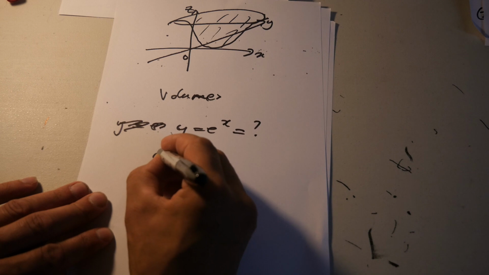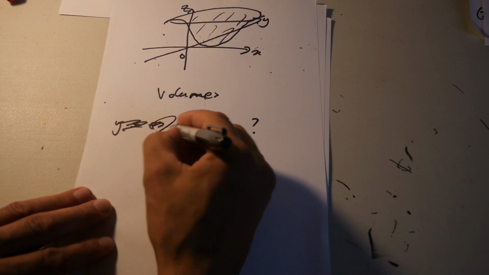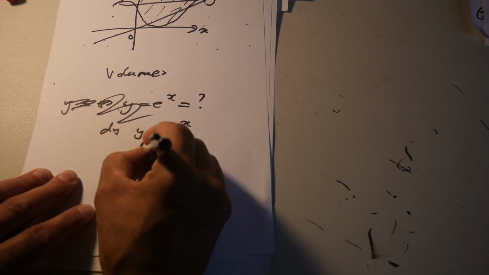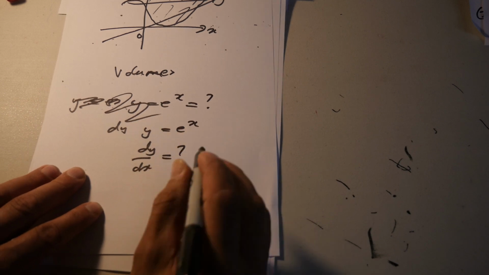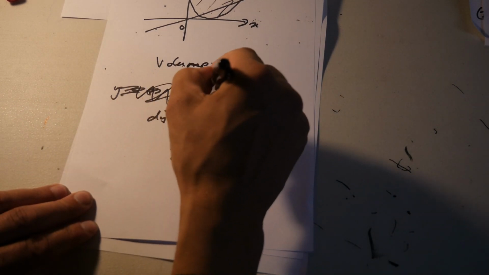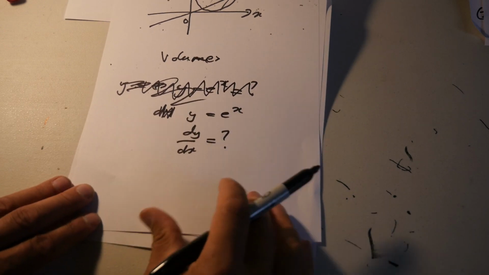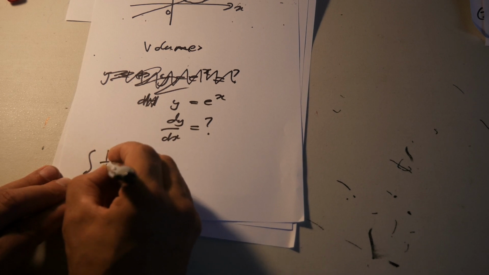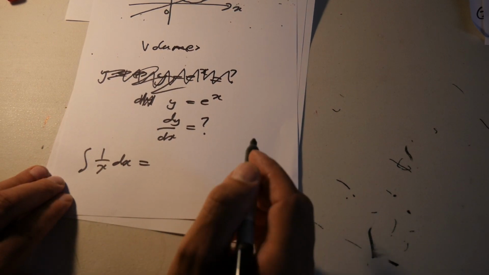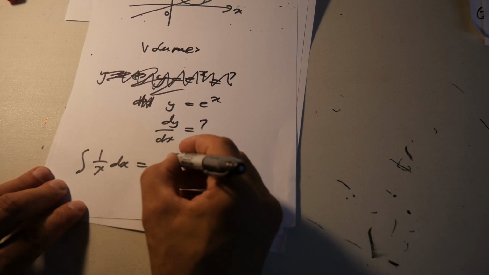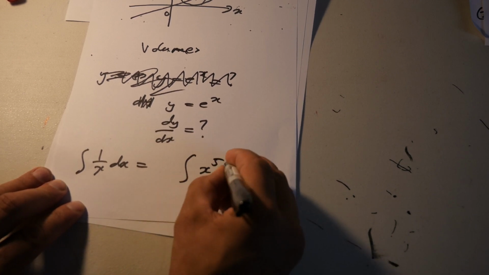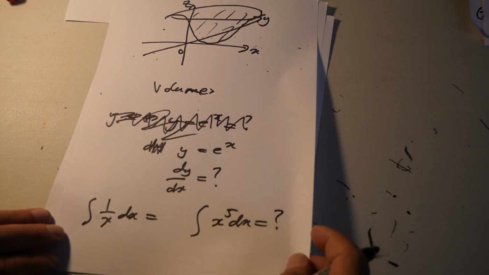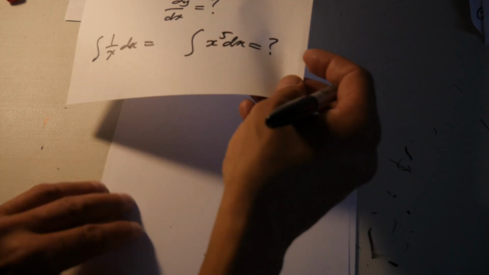Or the integral of 1 over x dx. What's that equal to? Or the integral of x to the 5th dx. What's that equal to? Okay. I will now pause, and then explain it.